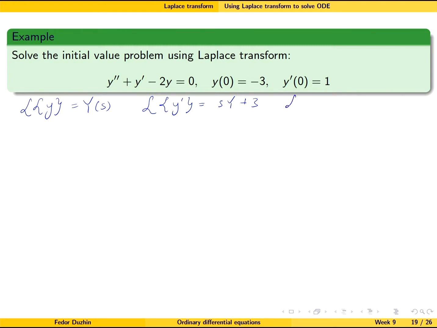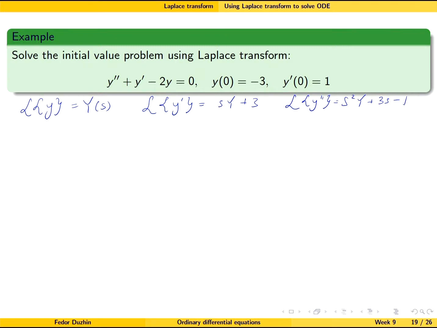And then L of y double prime is s squared Y minus s times y of 0, and y of 0 is 3, so it is going to be plus 3s, and then minus y prime of 0, and y prime of 0 is 1. Okay.